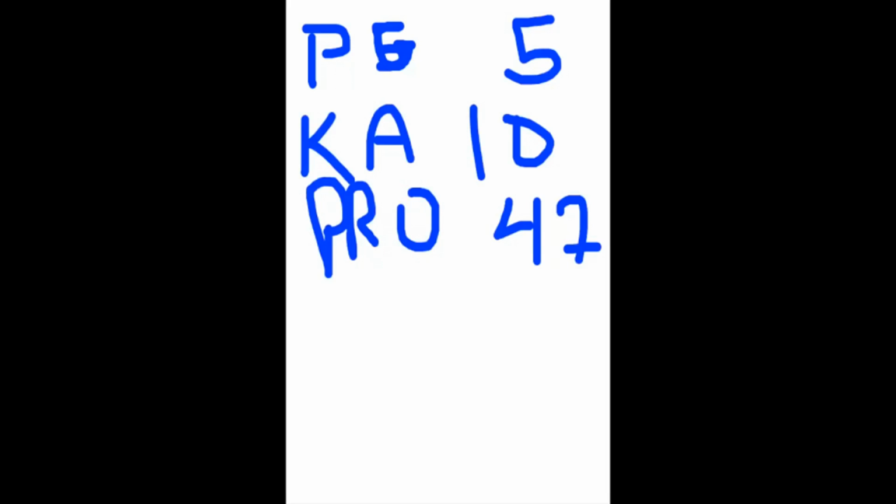In the PMBOK 6th edition, the next edition, there are 49 processes. Now, you cannot wait till next year. Knock this thing out this year. You should be thinking about maybe June, July, somewhere in there.